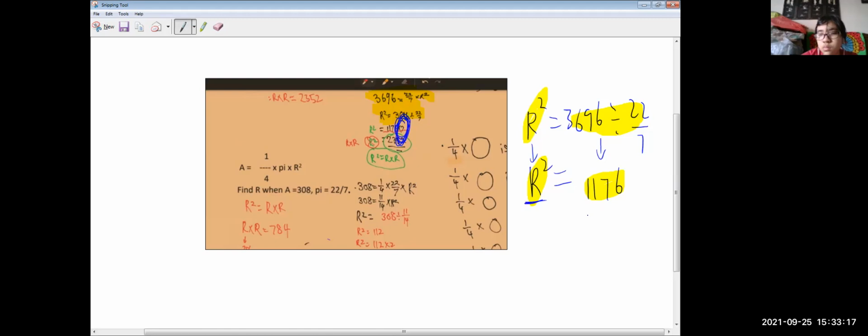R squared is equal to 1176. What are you going to do next? Find R. Yes, how? You don't say square root thing. Give me the full solution.